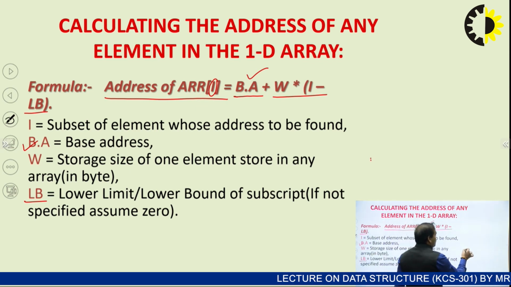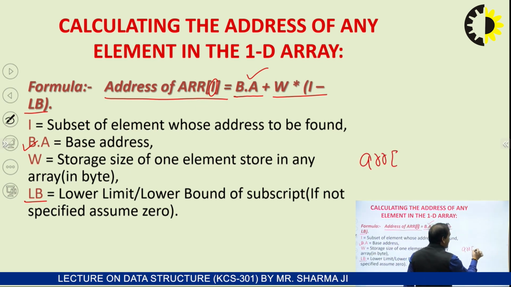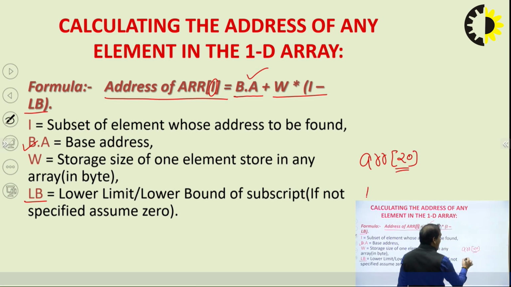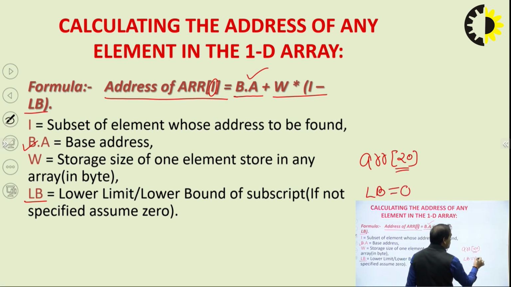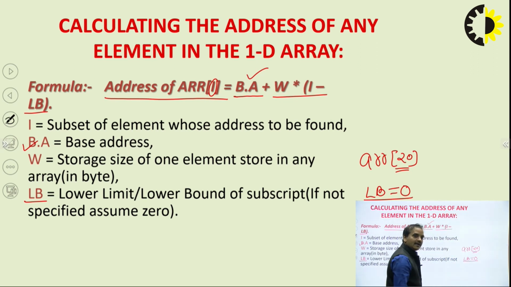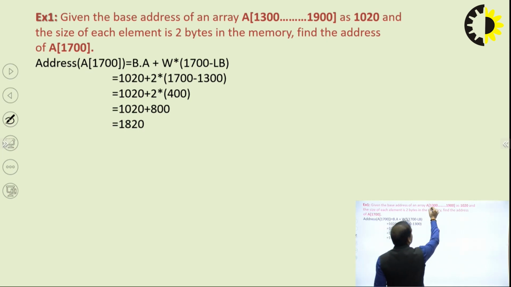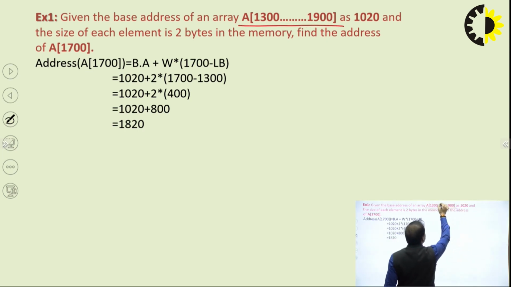That means if it is written like ARR[20], in that case the LB equals 0. In other cases, the value of LB will be given in the given format, and we have to identify it. Here we take an example. Given the base address of the array, this is the given array.